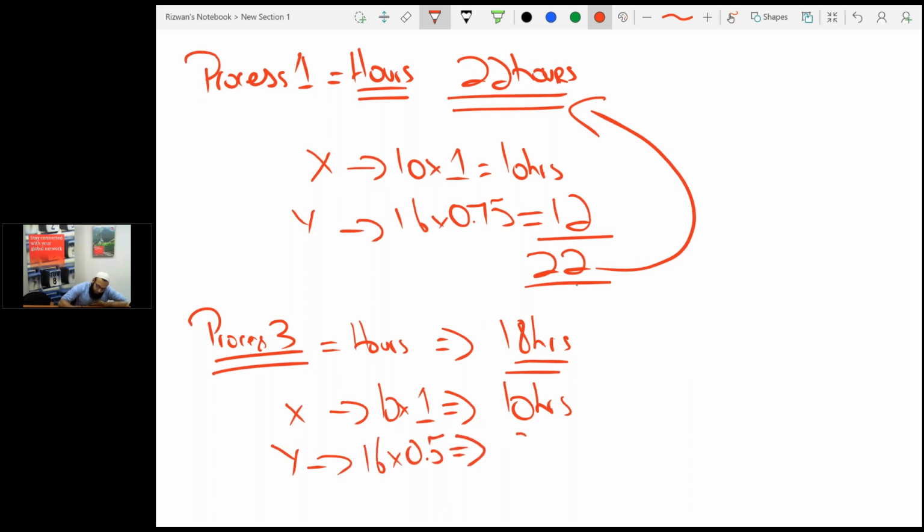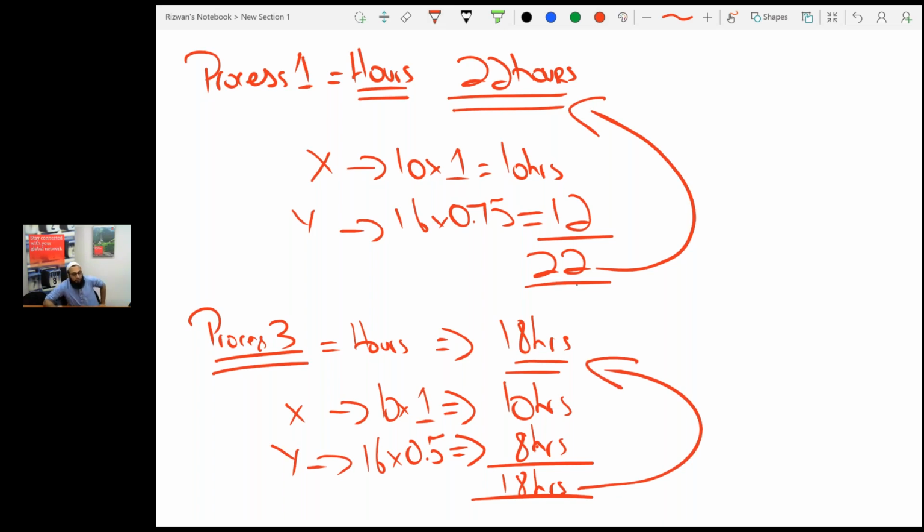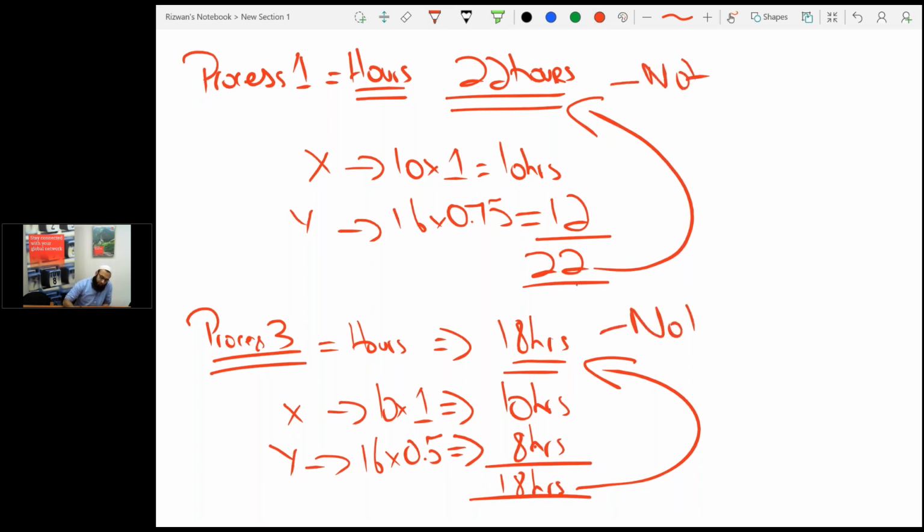For 16 units, it will be 8 hours. So this is not the limiting factor because it is fulfilling the demand of the organization. It is allowing the organization to fulfill its demand. So this is not the limiting factor.